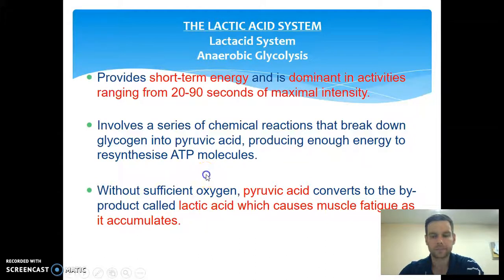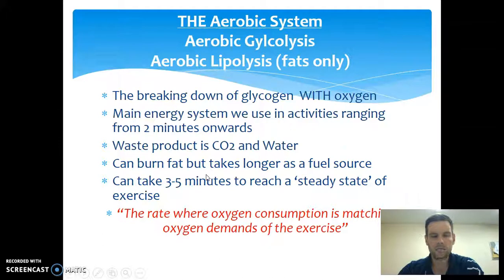which we'll cover when you go through to Year 12 PE. The last system we're going to look at is the aerobic system, or the oxygen system. The 2 terms I want you to learn here are aerobic glycolysis and aerobic lipolysis. Aerobic means with oxygen, glycolysis you saw before, the breaking down of glycogen.